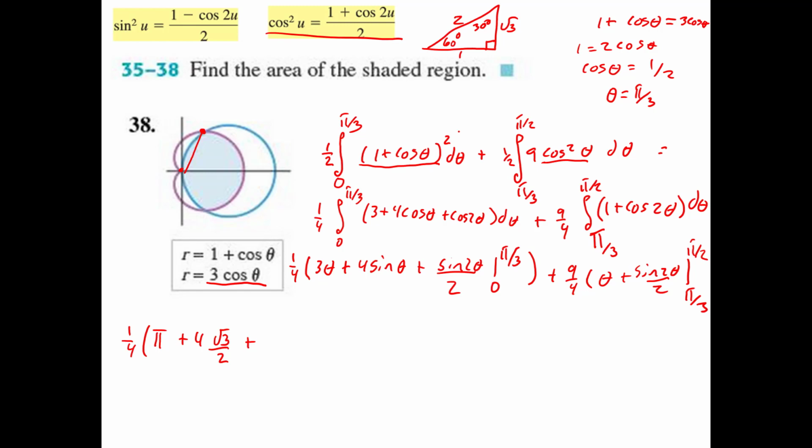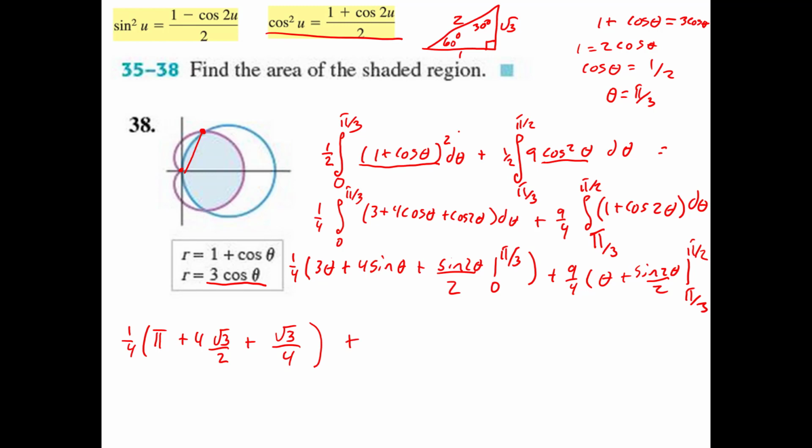Sine of 2 pi over 3 is also the square root of 3 over 2. So then you end up with the square root of 3 over 4. And when you put in 0, everything becomes 0, so we don't have to worry about that.